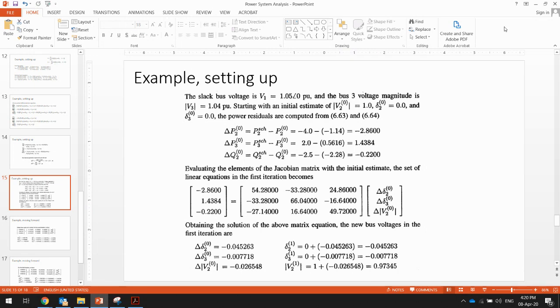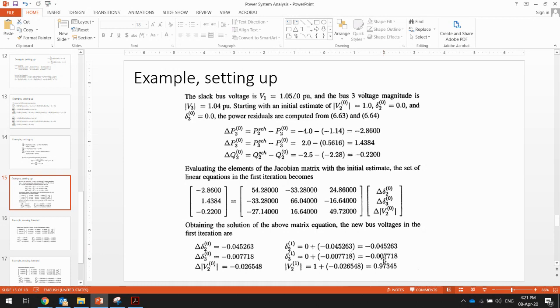From this matrix, we can form three simultaneous equations and determine the changes in delta and V. You go ahead and add these three values to the initial three values that we assumed, and then we obtain the new values for them.